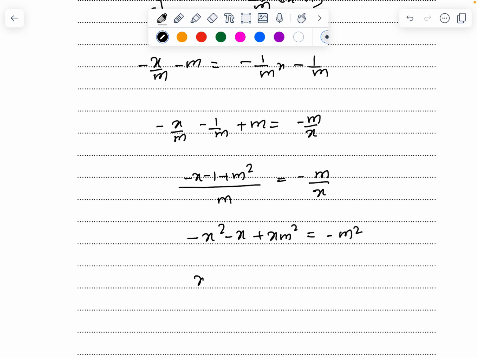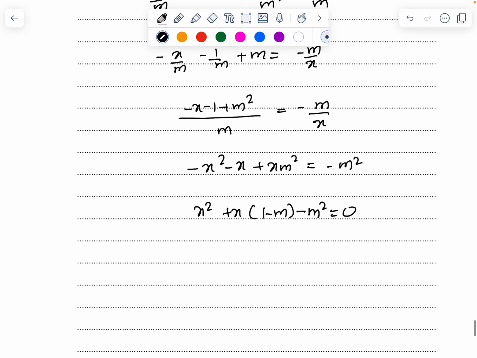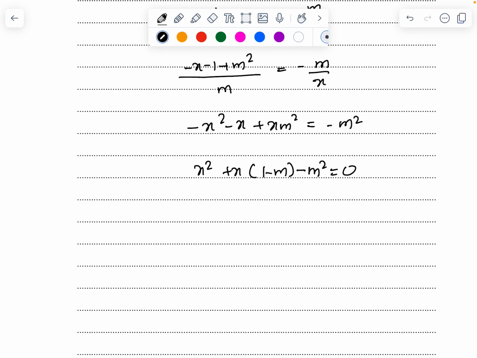From there I get x square plus x common, 1 minus m square equals 0. Now what am I going to do? Use the formula x equals minus b plus minus square root of b square minus 4ac upon 2a.